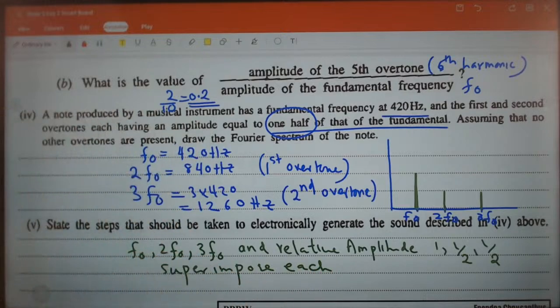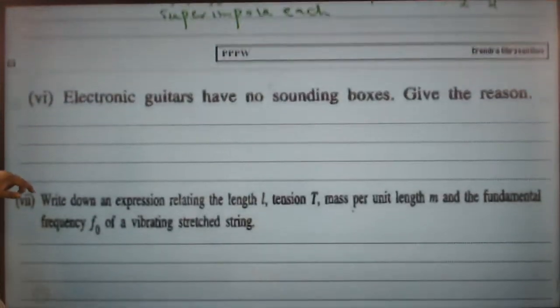So all the frequencies with their amplitudes will superimpose each other. Okay.